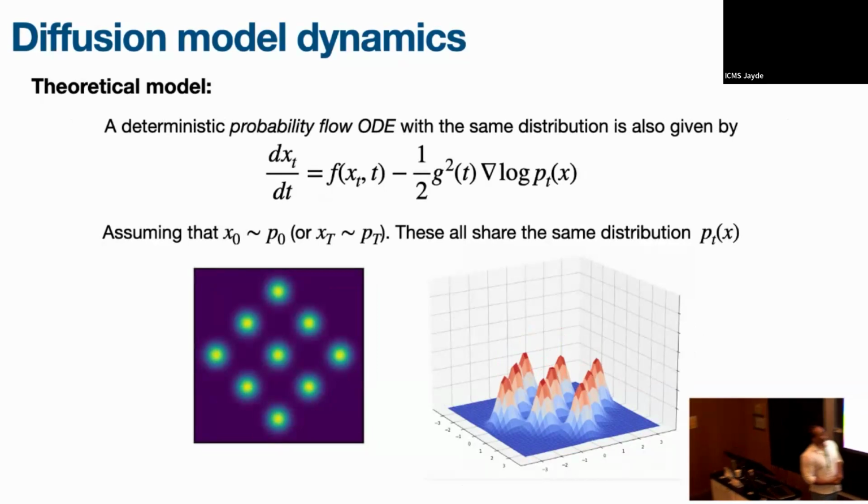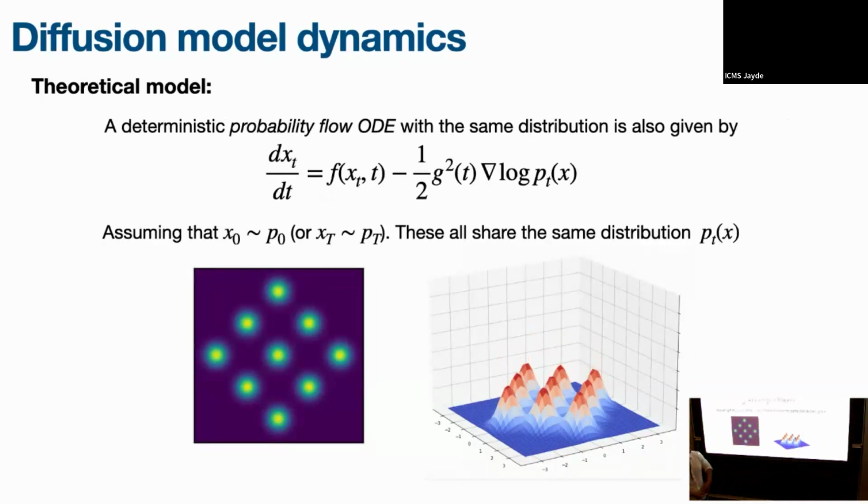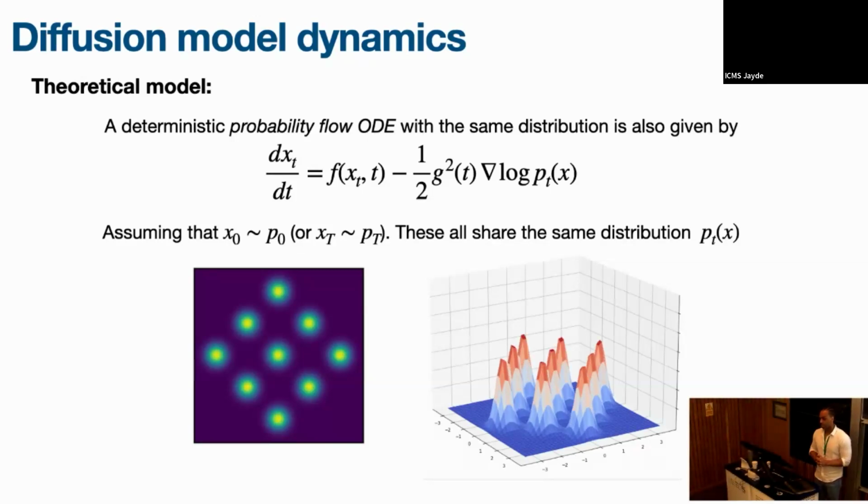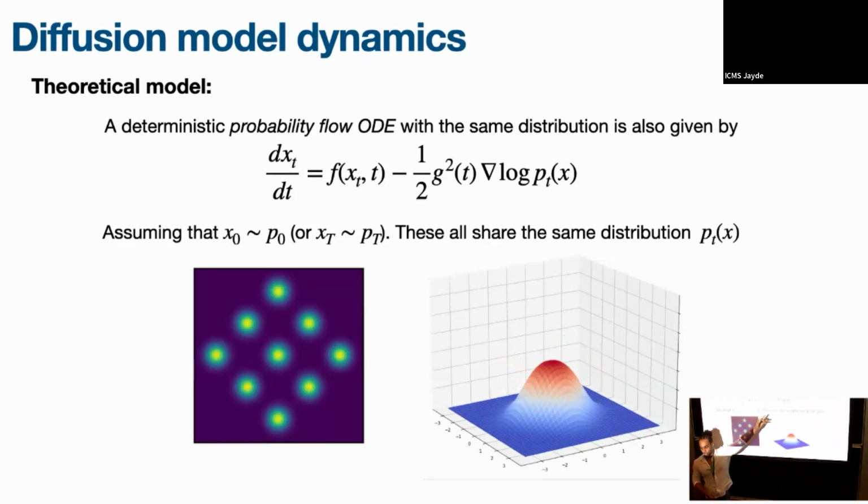So if you want to generate new samples from P0, you again sample from your Gaussian distribution for some large T, and you run these dynamics backwards in time. So the key thing to know here is that all of these things, in theory, generate the same distribution. They all share the same distribution. But if you want to generate something new, you need the score function, gradient log of P of T.